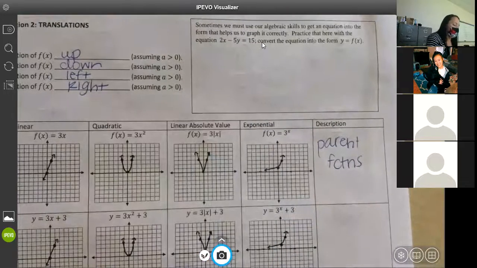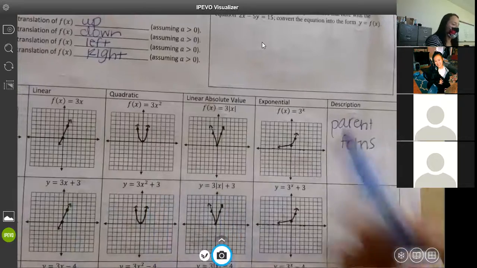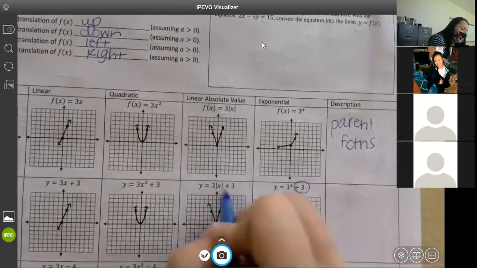So anytime we see this, regardless of what graph we have, whether we have linear, quadratic, linear absolute value, or exponential, we're adding 3 to the end.